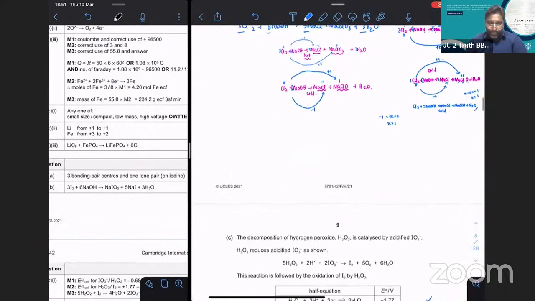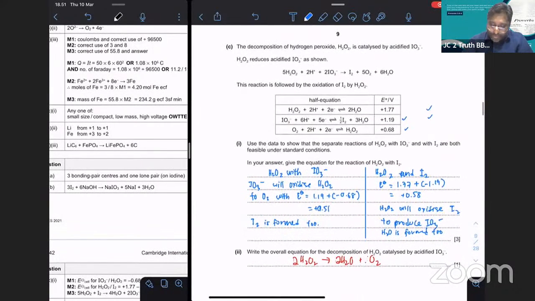Okay, I'll continue. Now the decomposition of hydrogen peroxide is catalyzed by acidified IO3 minus. So this one is going to reduce this molecule as shown. The reaction is going to be followed by I2 by H2O2. Basically you are given all this information over here.